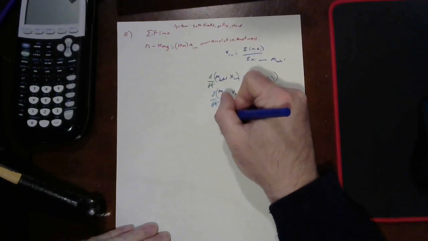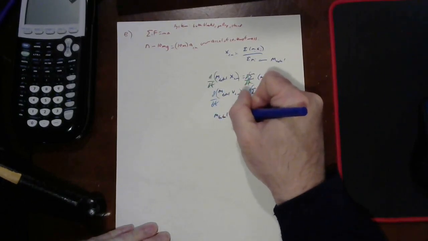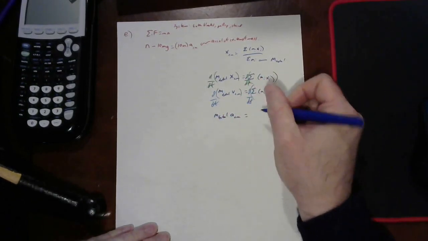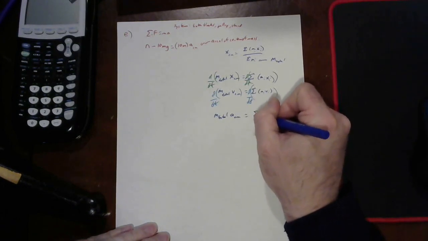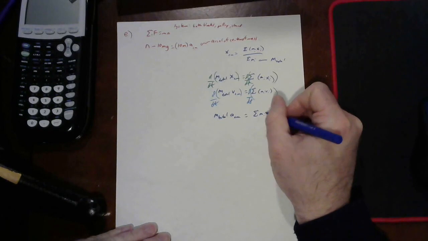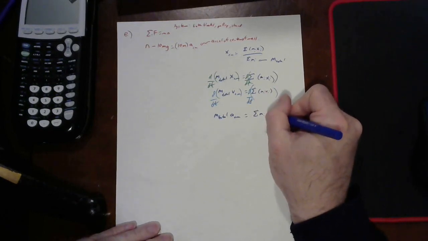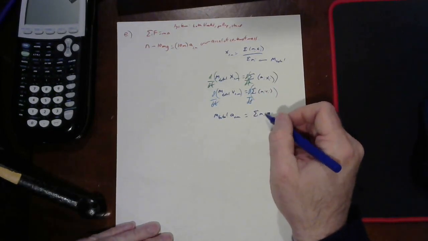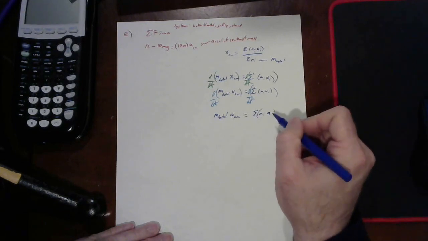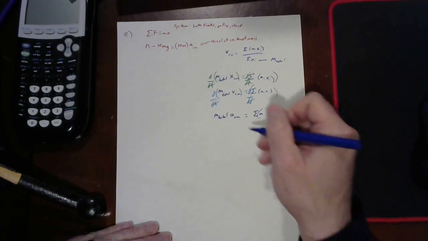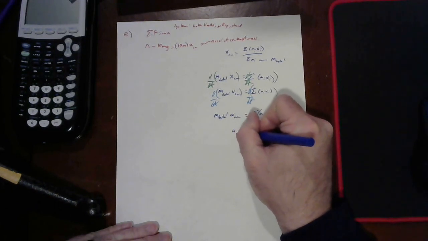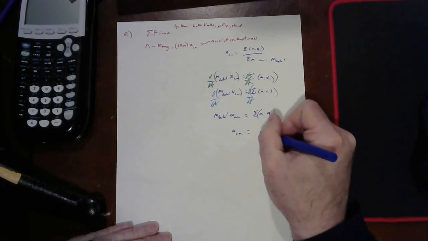So this would be m total times the acceleration of the center of mass is going to be equal to, again, all the m's are constant. So I'm really just adding up all the masses times the derivative of velocity, the acceleration of each individual bit. All right, we're adding up all those miai's. Okay, if I go ahead and divide through by m total, that'll be my expression for the acceleration of the center of mass.